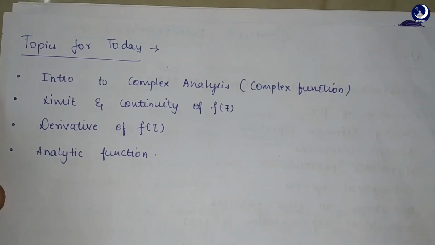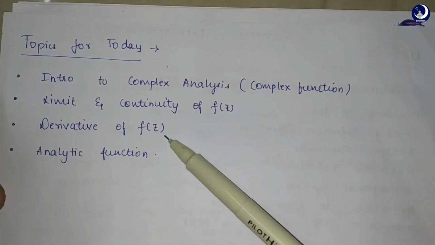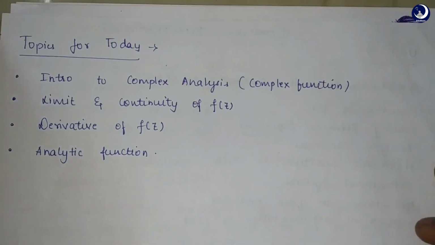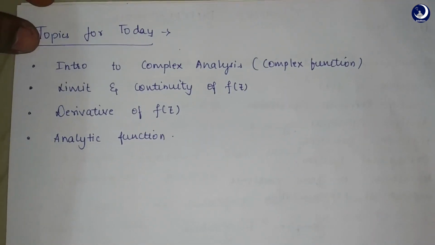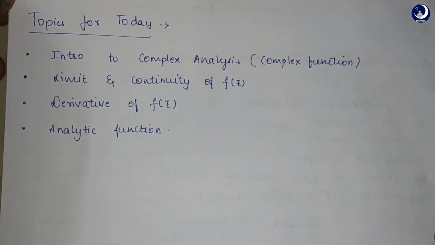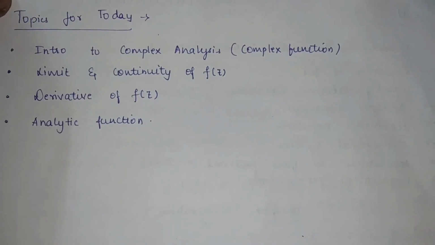Limit z tends to z naught of f of z, you get a value L, and if it equals f of z naught, it will be continuity. And the derivative, these are important. If a function has a derivative, then it is called an analytic function. That's it, simple. We'll do problems regarding this analytic function. There are many problems and we'll go through the CR equations and more in the next video. Thank you so much.